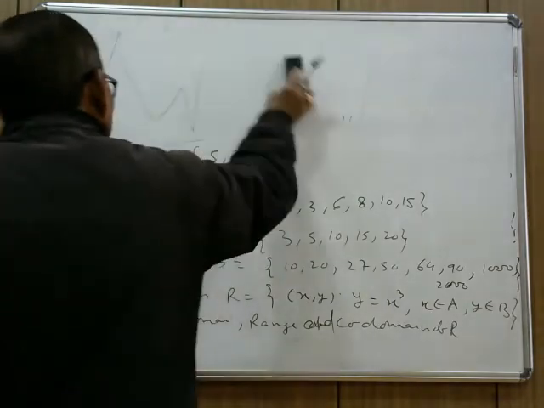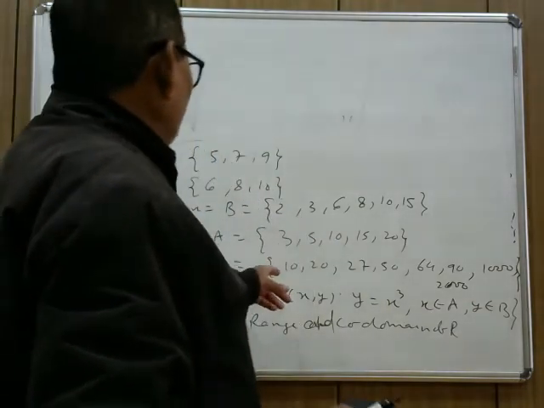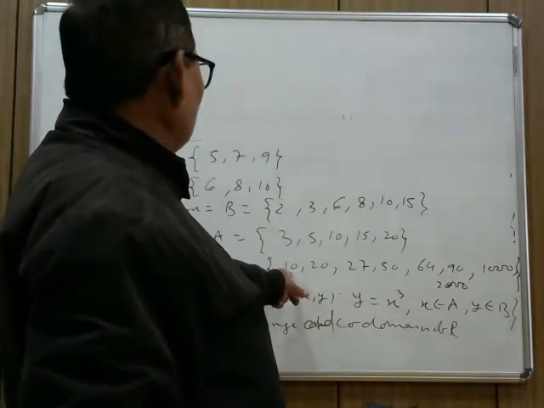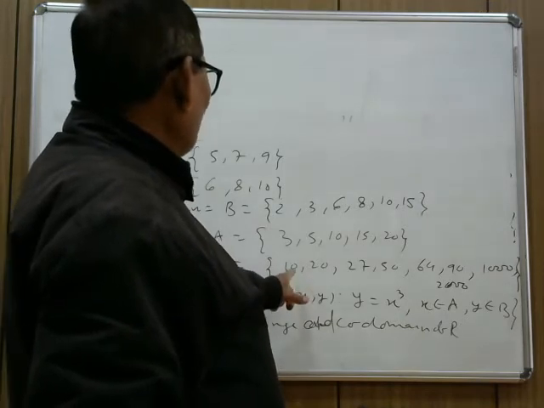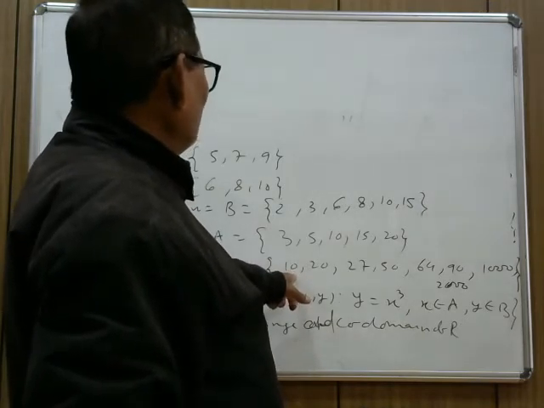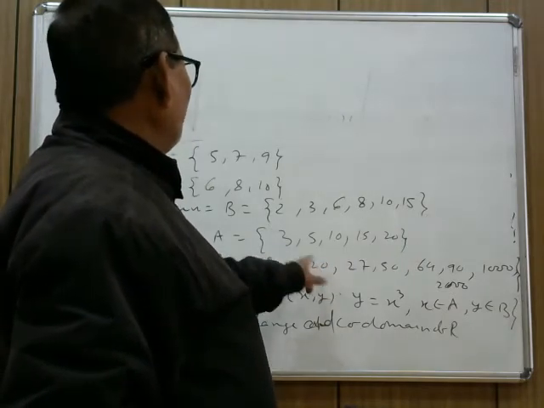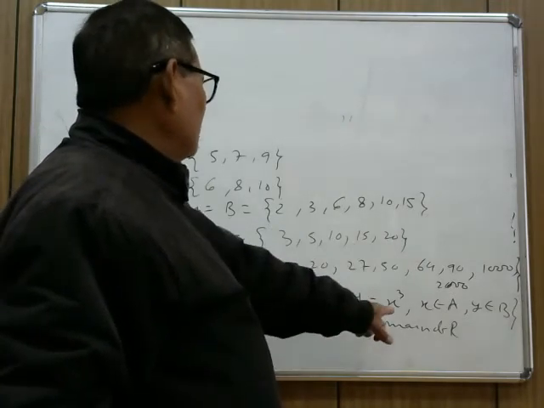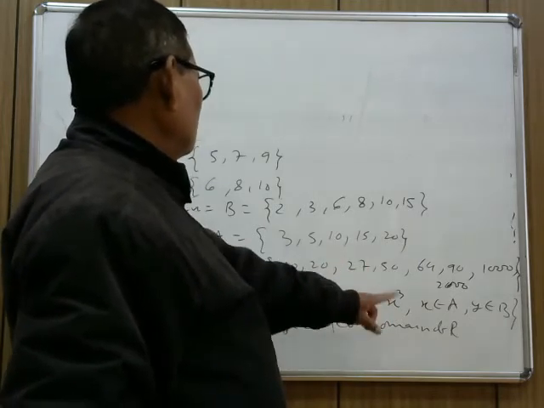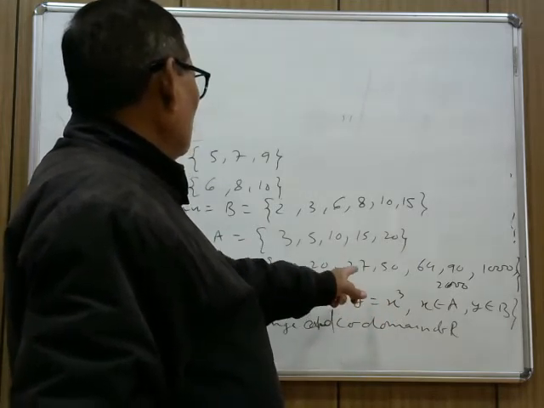When you come to set B, 10 is not the cube of any element of A. 20 is not the cube of any element of A, because that is the relation given.